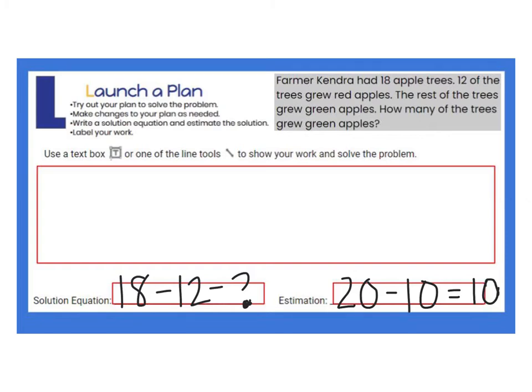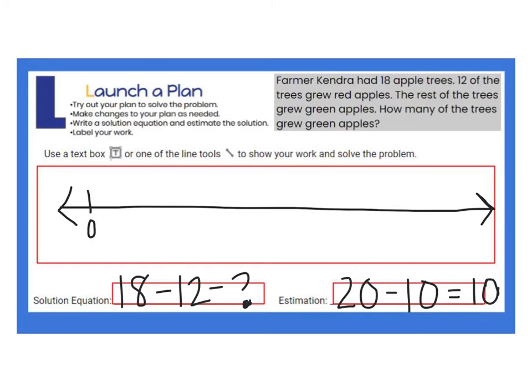Okay. Now we're going to use a number line.